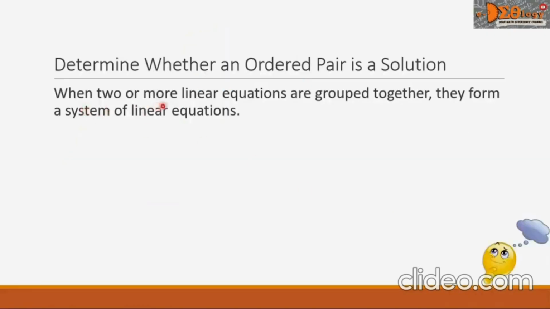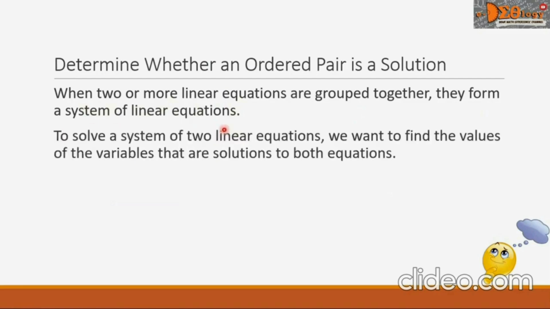When two or more linear equations are grouped together, they form a system of linear equations. To solve a system of two linear equations, we want to find the values of the variables that are solutions to both equations.